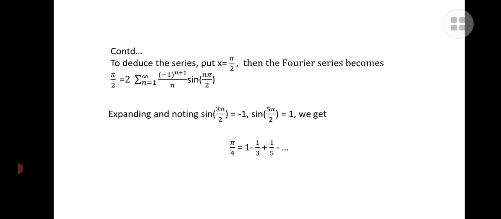Substituting x is equal to pi divided by 2, and noting that sine of 3 pi divided by 2 is minus 1 and sine of 5 pi divided by 2 is equal to 1, after expanding the summation we will get pi divided by 4 is equal to 1 minus 1 by 3 plus 1 by 5 plus and so on.